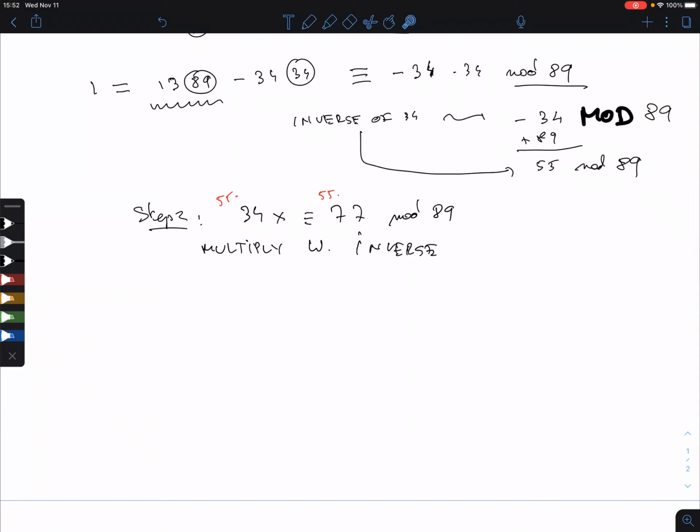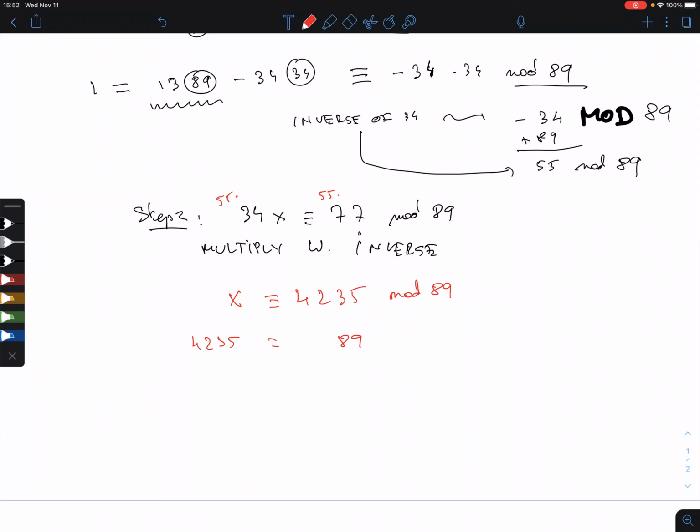Well, this one has to be 1, because that's the whole point, that we calculated this to be 1. So x is equivalent to, now 55 times 77 is 4,235 mod 89. So now we still have to find the exact value between 0 and 88. So we do 4235. How many times can I put 89 in there?